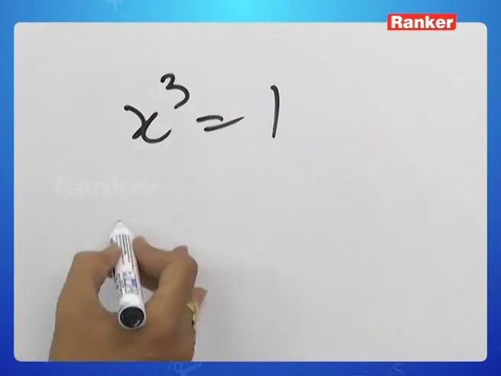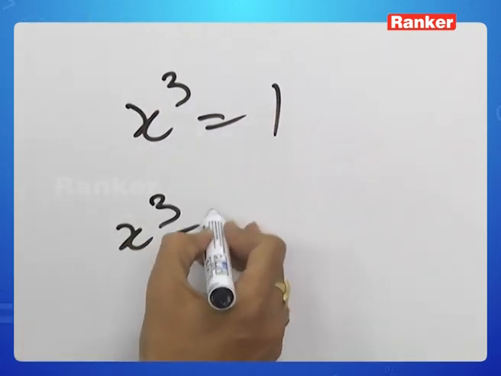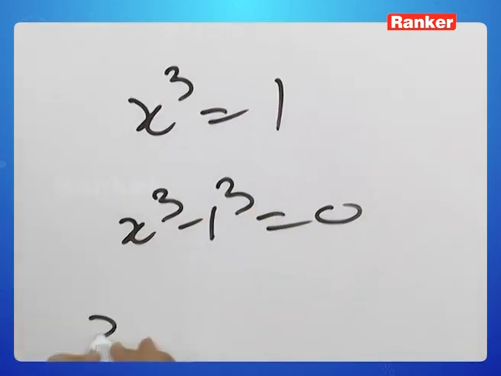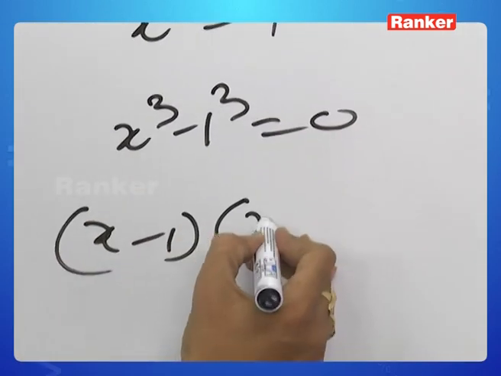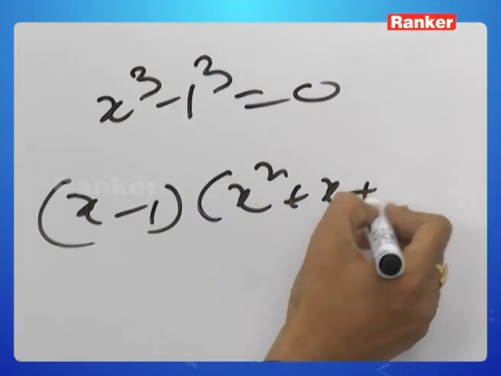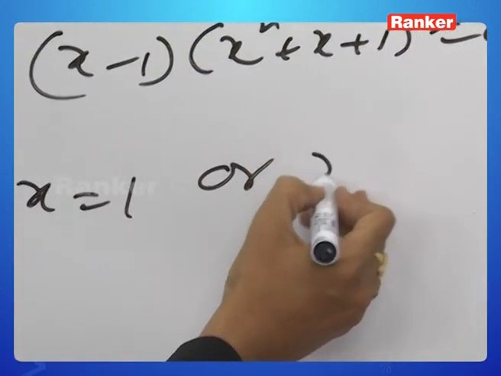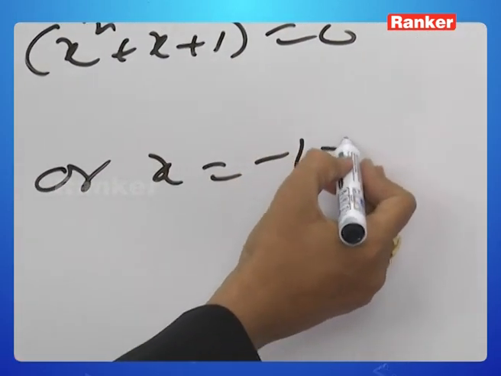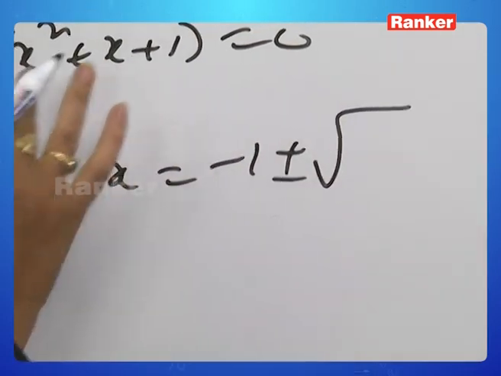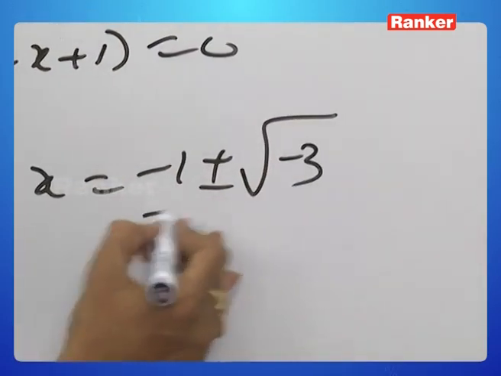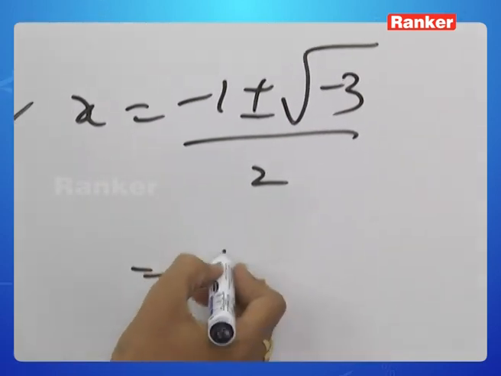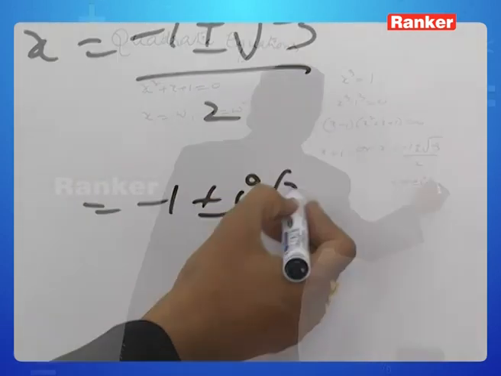x cube is equal to 1, x cube minus 1 cube is equal to 0, that is x minus 1 into x square plus x plus 1 is equal to 0, that is x is equal to 1, or x is equal to minus b plus or minus root of b square minus 4ac by 2a, that is minus 1 plus or minus i root 3 by 2.